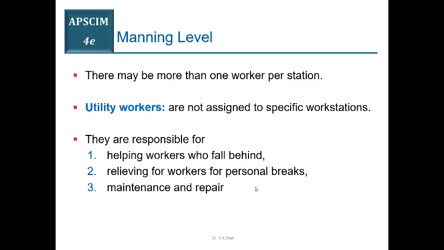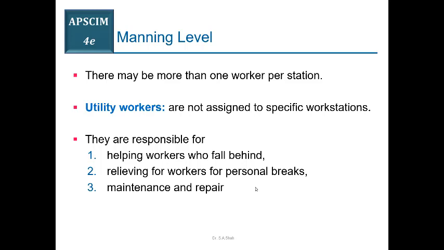So for example, if you have a system and the total number of workstations of that system is 10, and suppose you have 1 worker per each station, so the total number of assigned workers will be 10. And suppose you have 5 utility workers, so वो 5 workers होंगे, they will be residing within the system, and they will look for the other workers to call them.